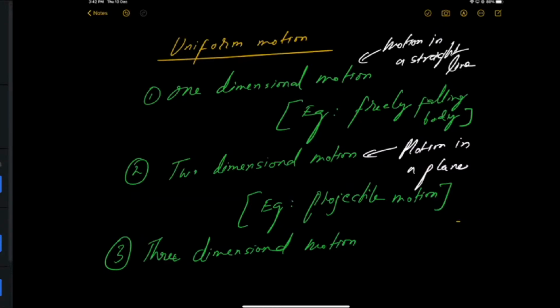That means the ball will move from left to right and right to left because of air drag, because the ball spins. How it spins, why it spins, we'll learn about that in fluid mechanics when we learn Bernoulli's theorem. So that motion is the best example of three-dimensional motion.